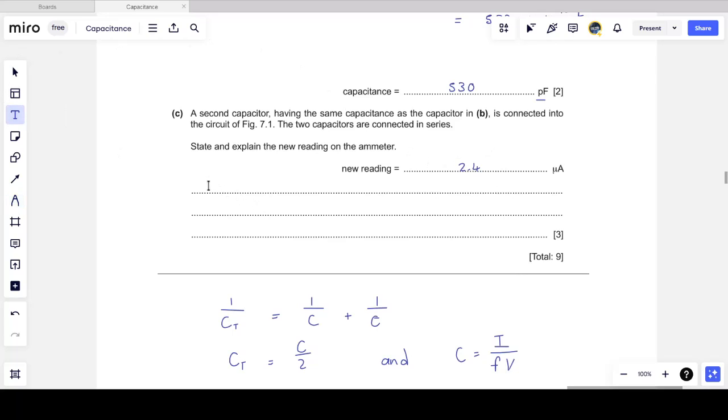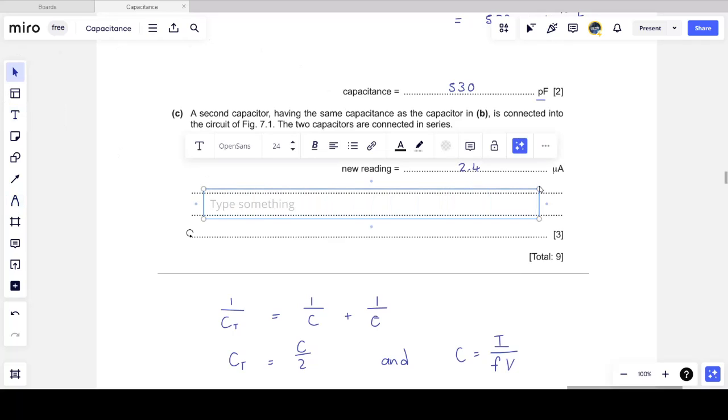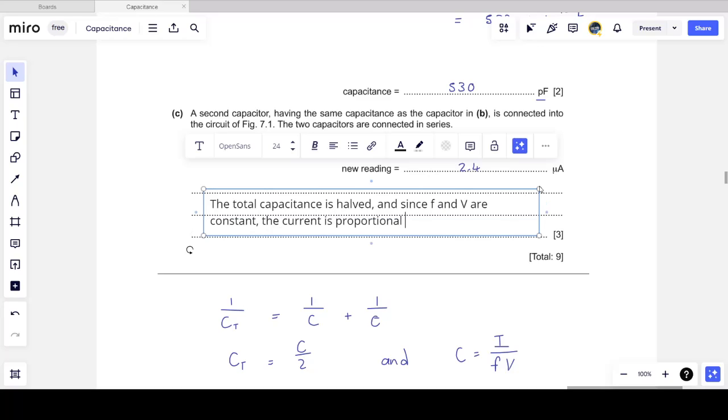And so I have to write that down, but I also need to explain why I'm saying this. So I'm going to say what I did mathematically, but say it in words. So the total capacitance is halved, and since f and V are constant, at least constant in this case, the current is proportional to the capacitance, as I showed in the equation that I've written down.